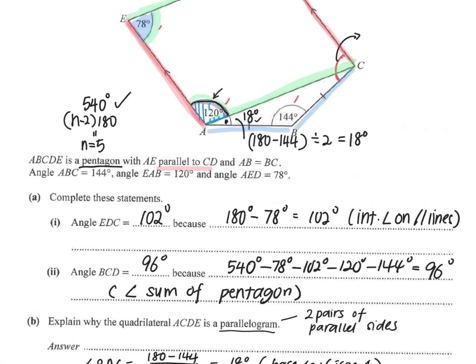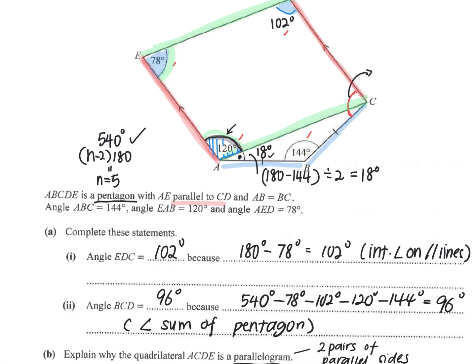And then if this is 102, I need to check: is 78 degrees plus 102 degrees equal to 180? Yes, it is. So therefore, we have interior angles on parallel lines.